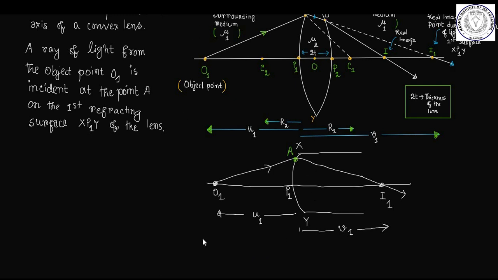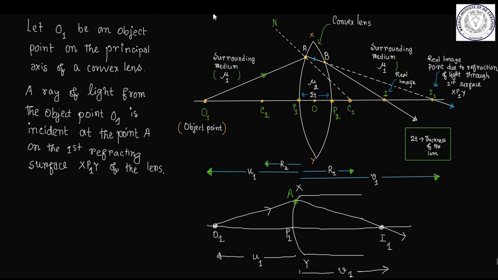The refracted ray AB in the lens will appear to travel along BI1 and forms a real image I1. In this case, the refracted ray AB will be traveling along ABI1 and forms real image I1 in the denser medium of refractive index mu2, provided there is no second refracting surface and the object point O1 exists in the rarer medium of refractive index mu1.